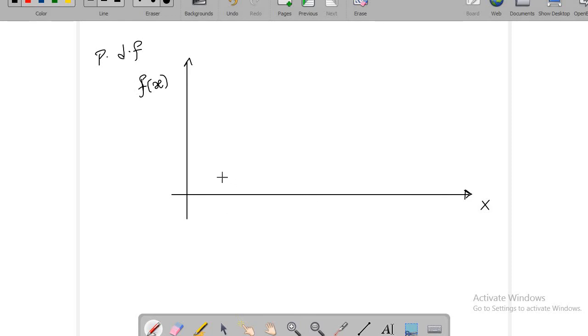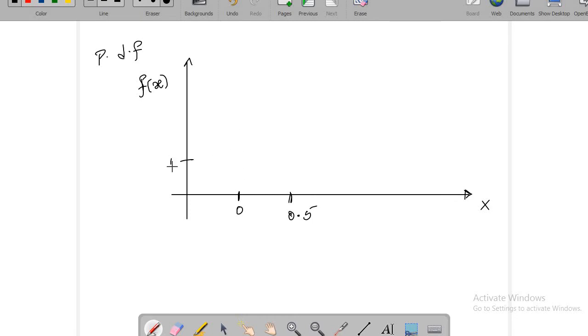For example, you have a continuous distribution which is distributed from, let's say, 0 till 0.5 only. Let me assume this is 0.5. Now I'll show you some distribution.